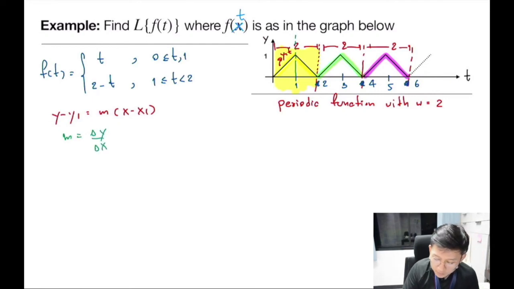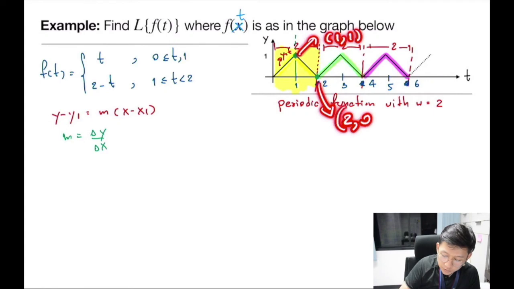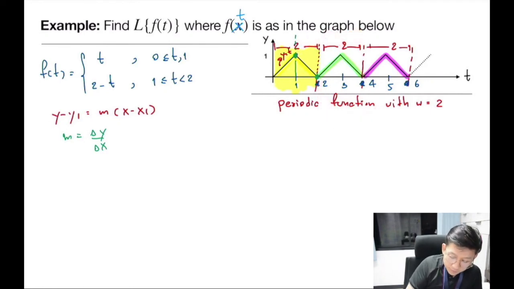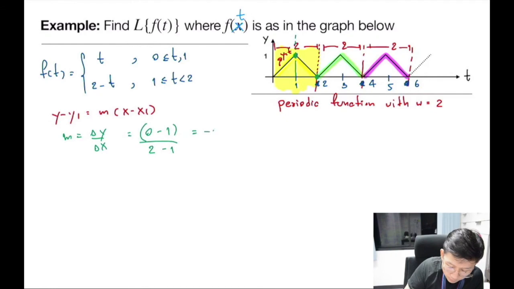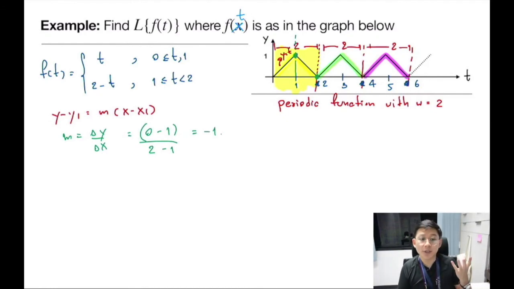If you start from the first point, 1, 1, to this point, 2, 0, delta y divided by delta x is going to be 0 minus 1 divided by 2 minus 1. That is going to be minus 1, so the slope is minus 1.